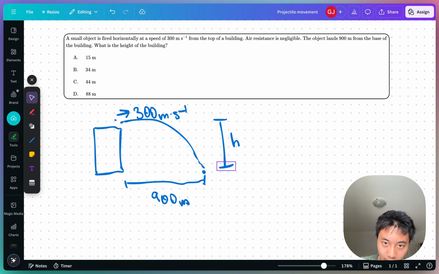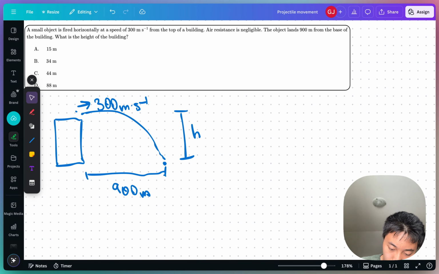So the variables that we have are gravity, so we have acceleration, and we have the initial velocity, because right now we're only looking at the vertical component, which is 0 initially because it's at the start of the building and it's launched perfectly horizontally.